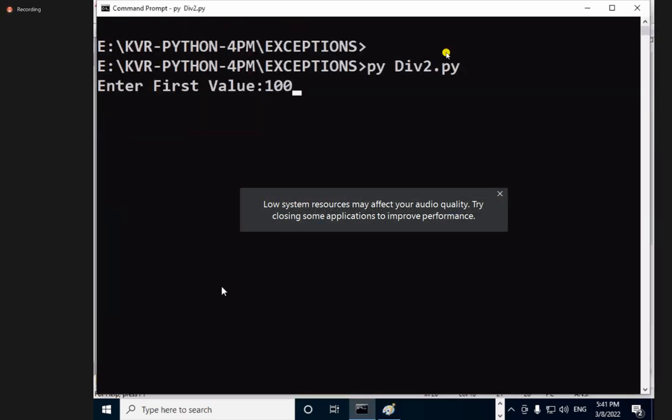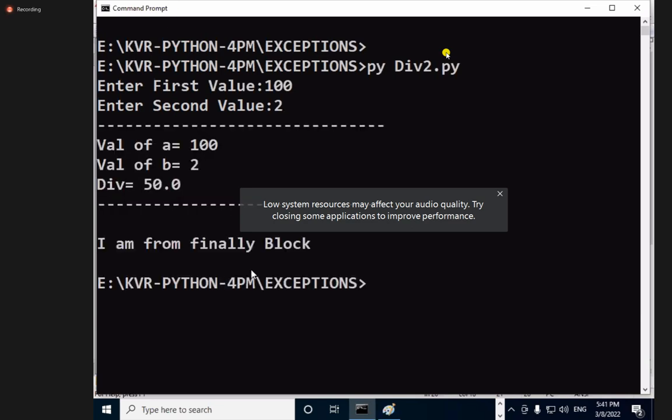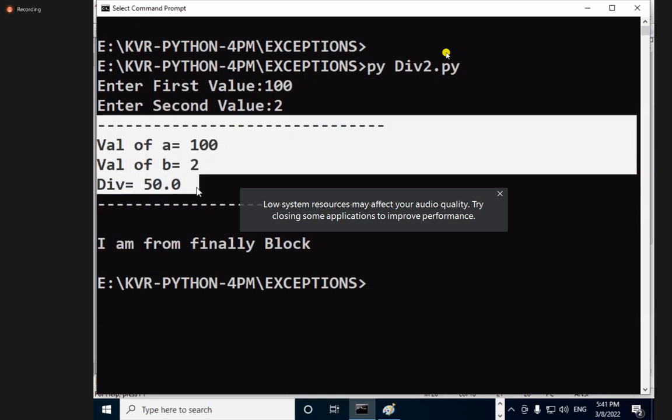Follow me. 102, 102. What input? Quickly. Valid input means what blocks will execute? Try block, else block, finally block. Don't just see which block this is.